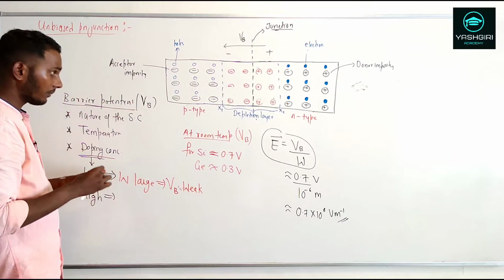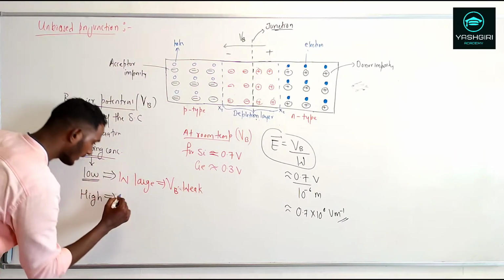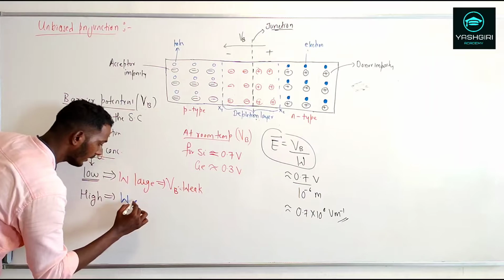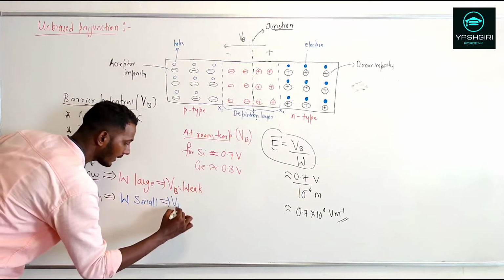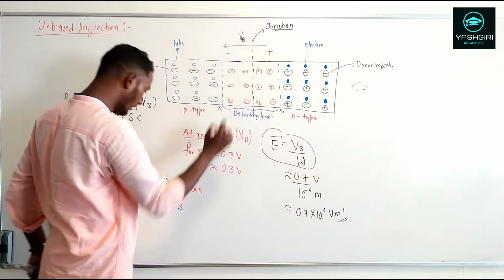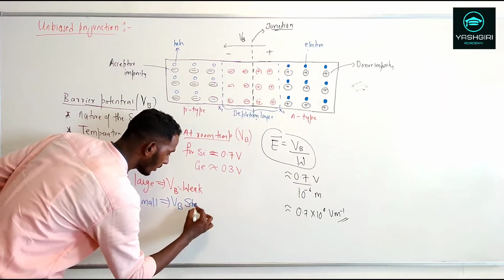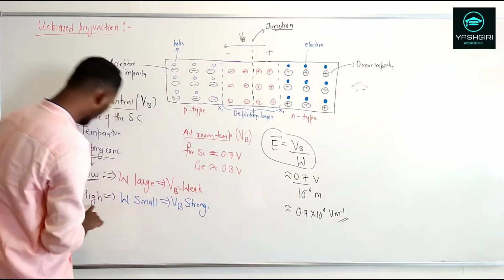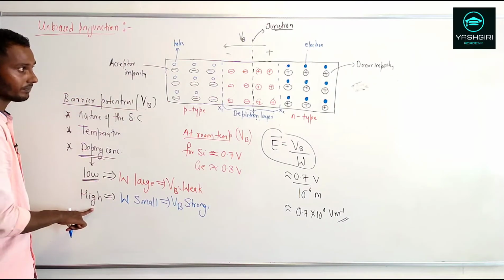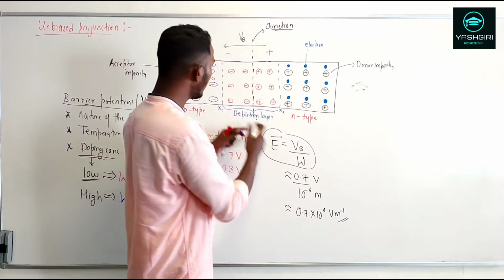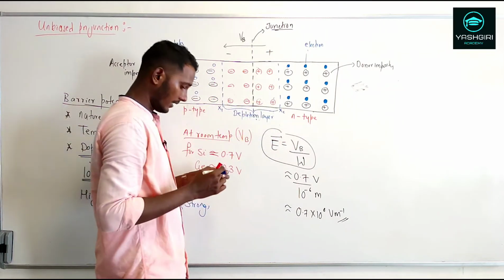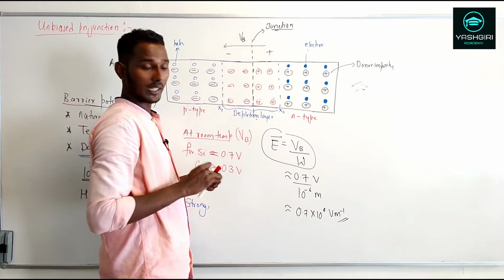The depletion width W will be very small, and the potential barrier VB here will be very strong because of the strong doping concentration. All right, so this is about how doping concentration affects the depletion width and the potential barrier.